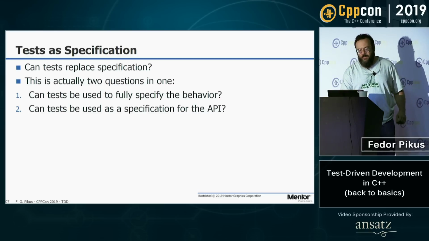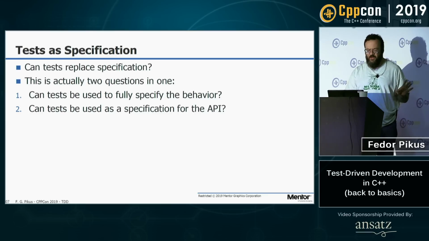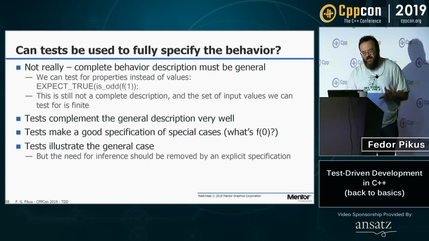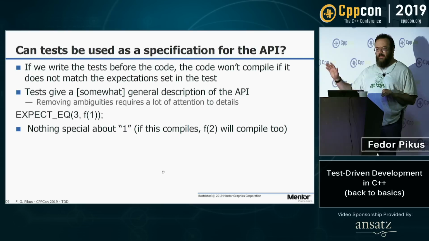Now, in reality, there's actually not one question, but two. Can you use the test to fully specify behavior? We already know the answer: not really. Can you use the test to fully specify the API? Well, also not really, but a little closer. f(1) should compile.